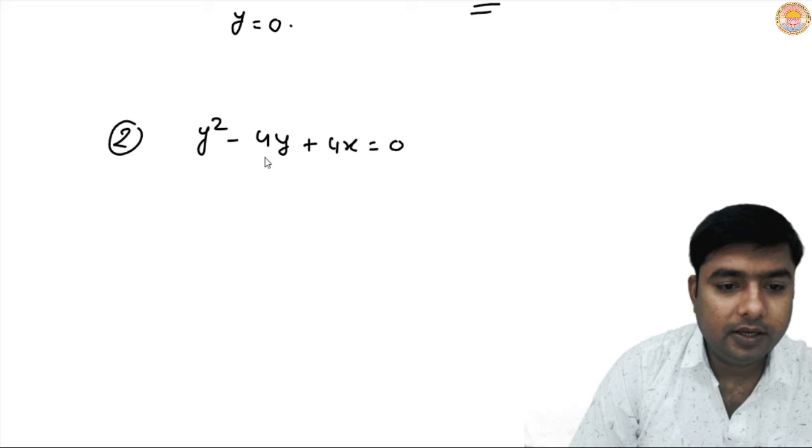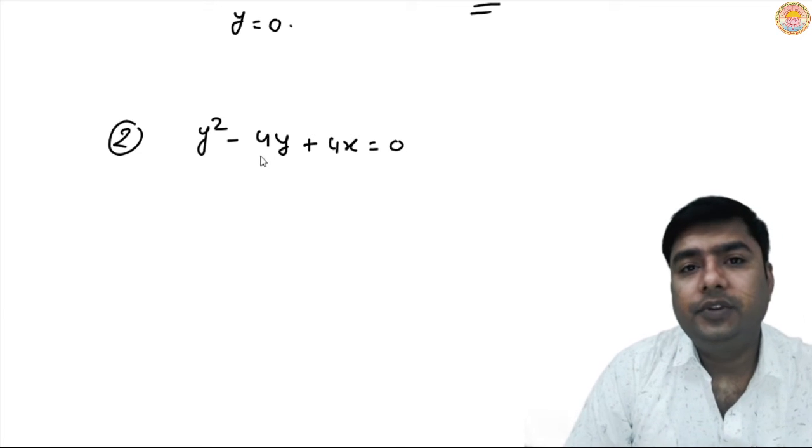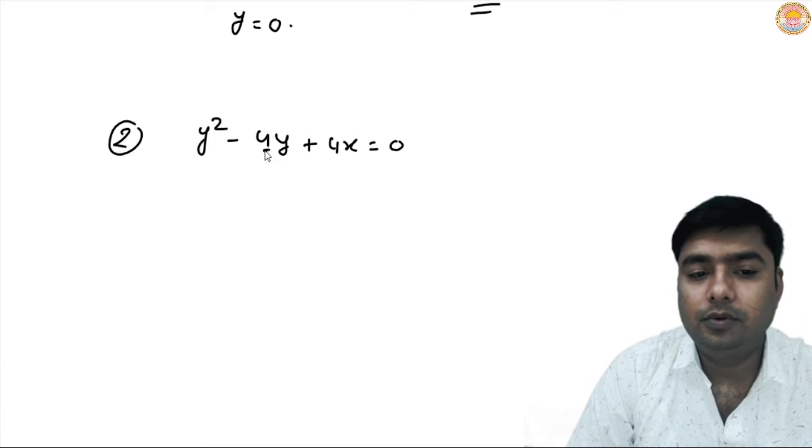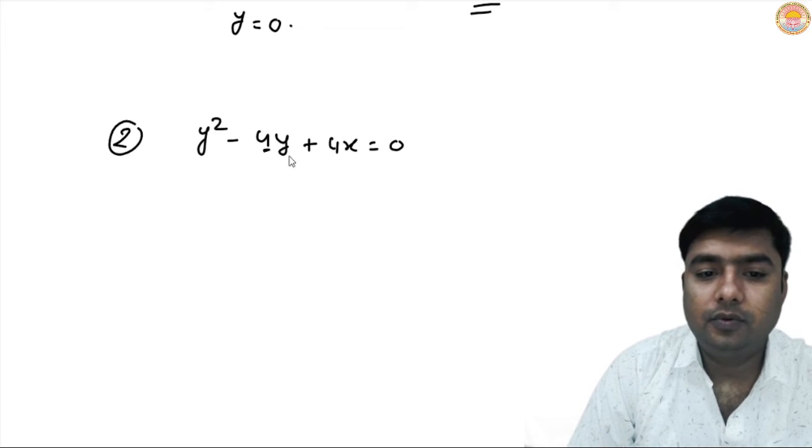In the completing square method, the coefficient of y is 4. We first divide by 2 and square that number. 4 divided by 2 is 2, and the square of 2 is 4. So we add 4 and subtract 4.